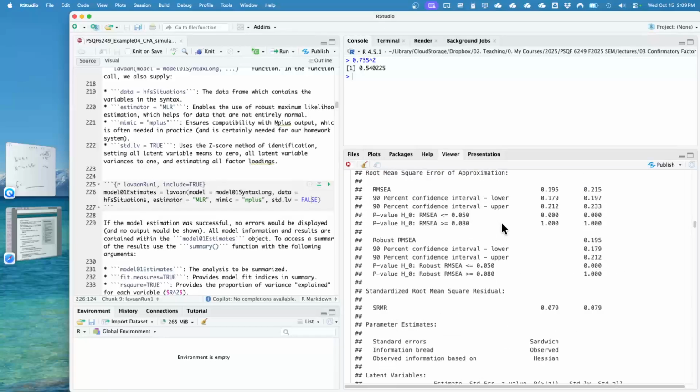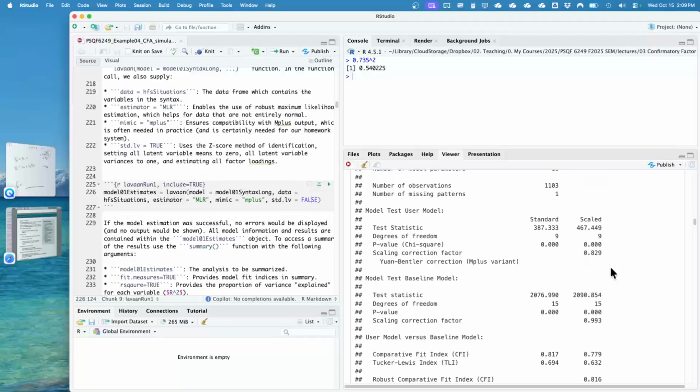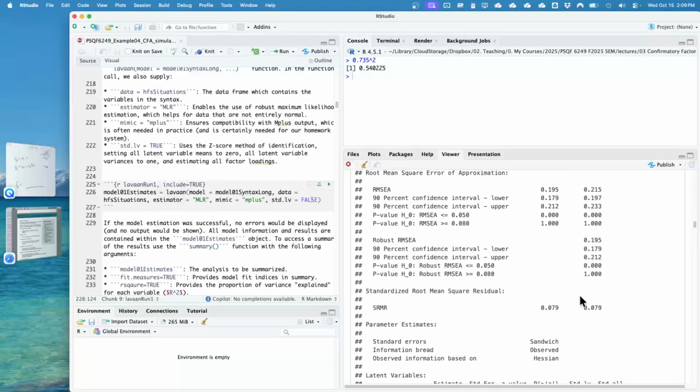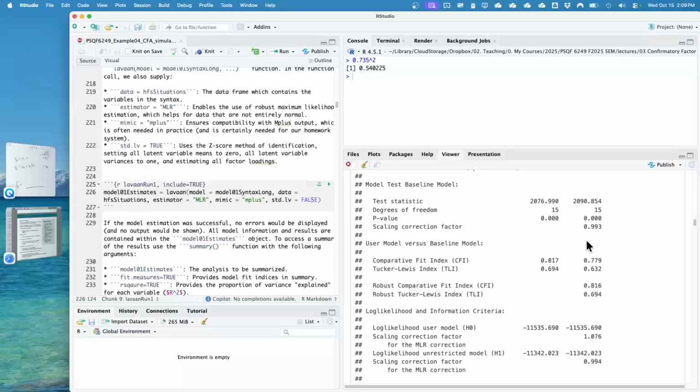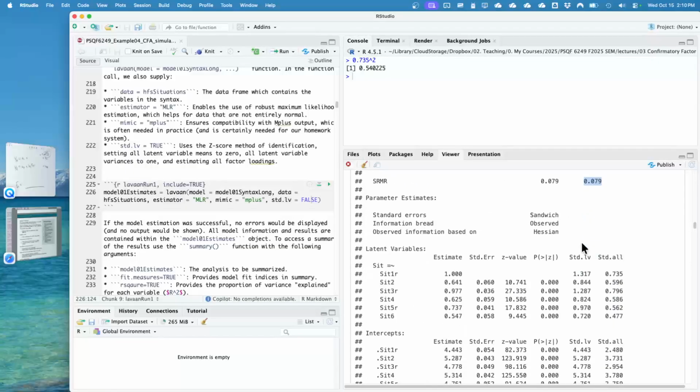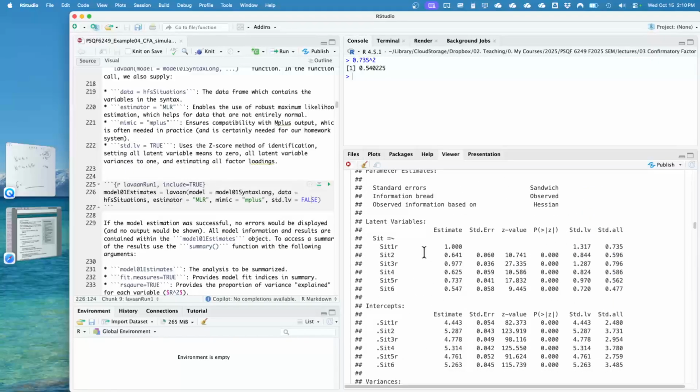But when that happens, you will note several features. The model fits the same: 0.195 for RMSEA, which I just highlighted a second ago, and 0.079 for SRMR. If those two are the same, you can be assured that all those other numbers are the same as well. Let's take a look at the estimates of the factor loadings.